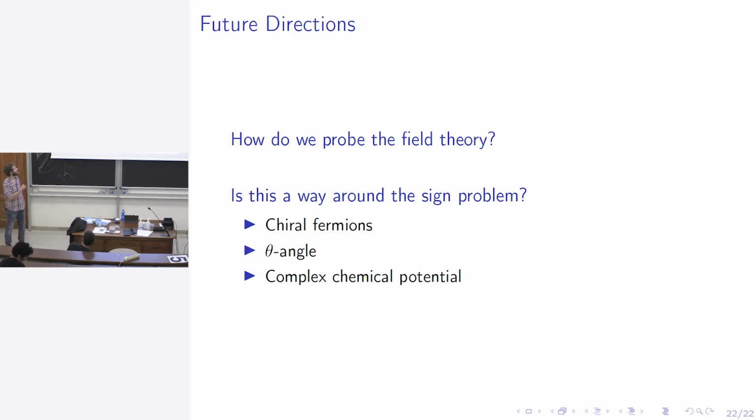Another thing we're thinking about, even on the lattice, is to find alternatives to Monte Carlo when you have chiral fermions, theta angle, complex chemical potential, or any other physical setup where you have a sign problem with Monte Carlo.